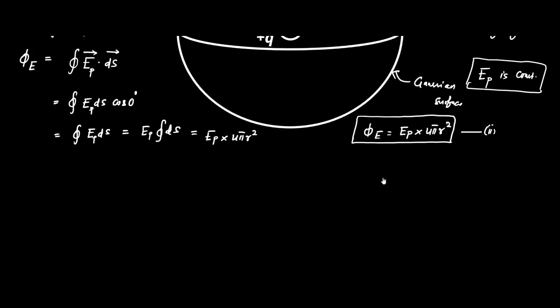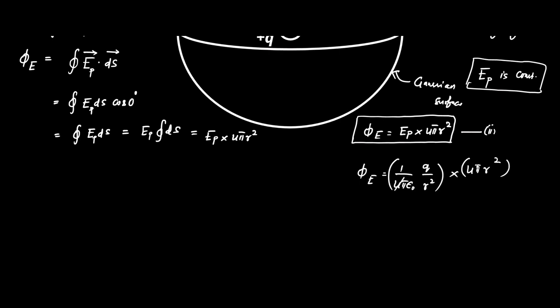So here if we put the value of EP, phi E will be equal to 1 by 4 pi epsilon 0 q by r square, that is EP, into 4 pi r square.